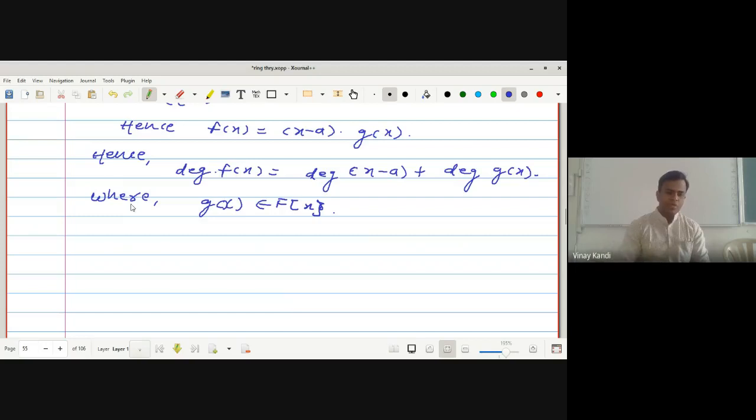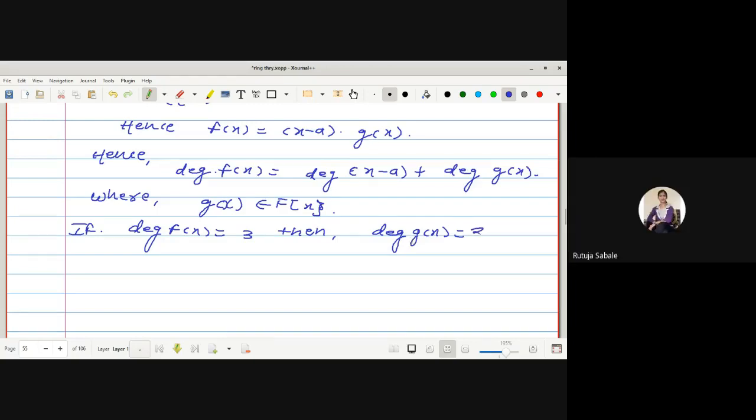Now if the degree of f(x) is equal to 3, then what is the degree of g(x)? It is 2.